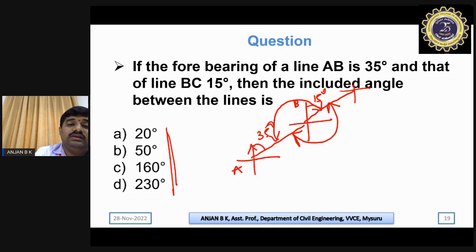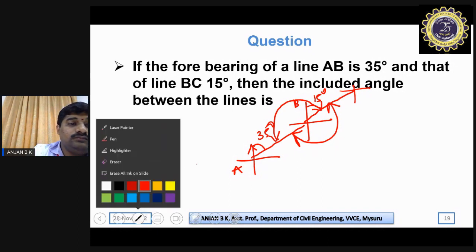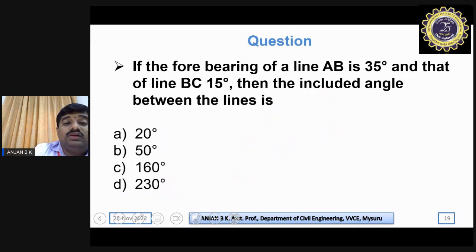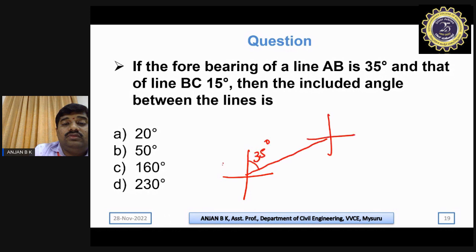So you have to first find out the back bearing. We have a 35 degree bearing for A to B. Therefore the back bearing will be 180 degrees plus 35, which is 215 degrees.